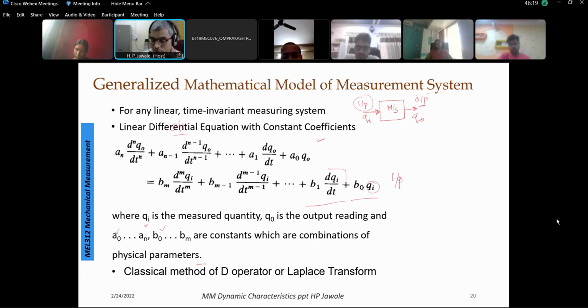So it is always desired that we apply a single input at a time, so that the dynamic or static characteristics of the instrument can be found out as per the calibrating process. Here we are restricting ourselves to a very standard input, whereas the output parameter can take different values, which depends on the type of response the system gives and on the mathematical equation of the system.